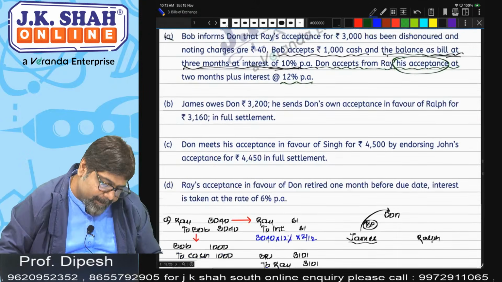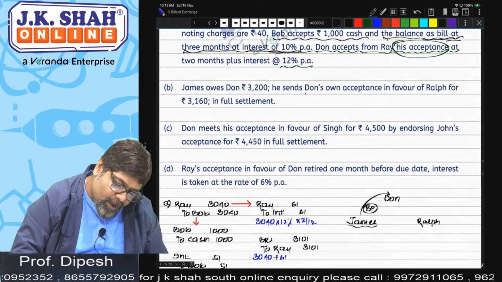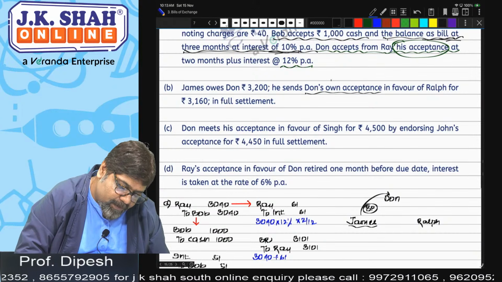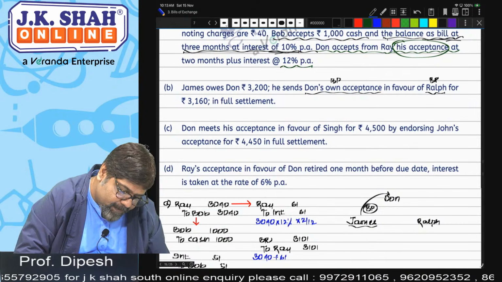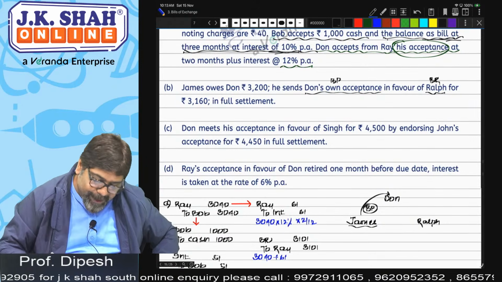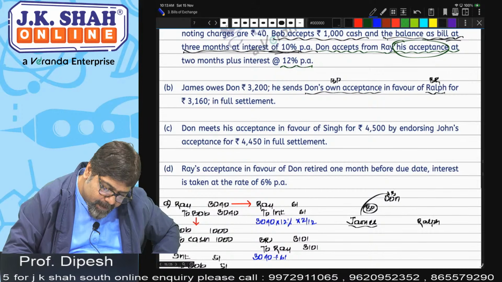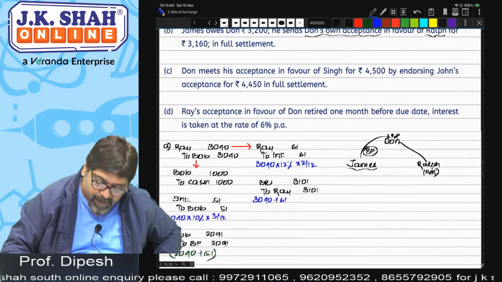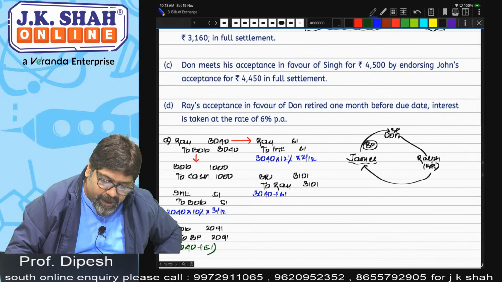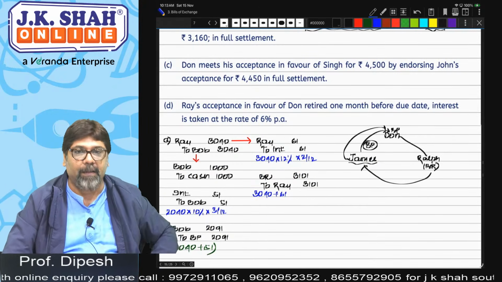Because it is given Don's own acceptance, that means for Don it is bills payable in favor of Ralph, that means for Ralph it is bills receivable. So Ralph would have given it to James and James gave it to Don.